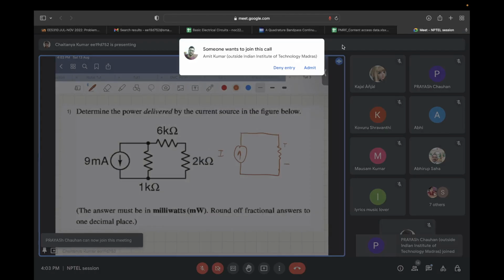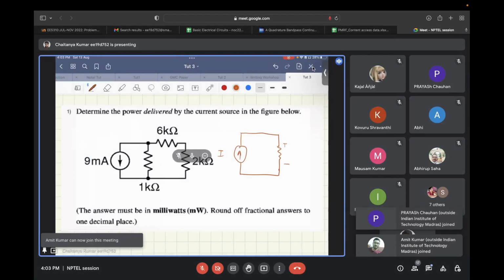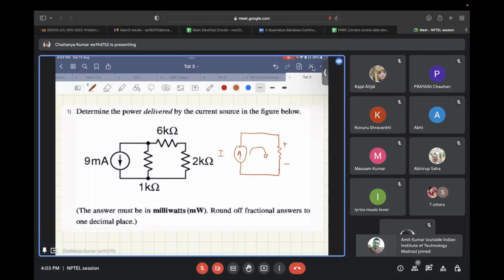Whatever power the current source is delivering will be absorbed by the resistor. Let's say this is R and the voltage developed across this is V equal to I times R. So the power absorbed by the resistor is V times I.